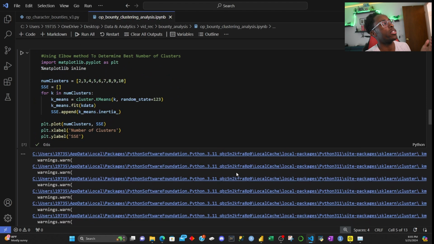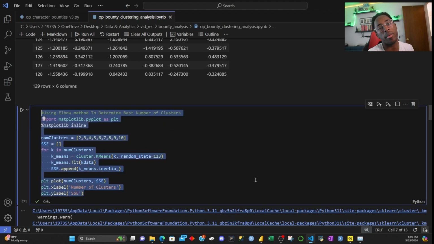Next important step is to determine how many groups is appropriate for our data set. So is it 2 groups, 3 groups, 4 groups, 5 groups? We don't know.